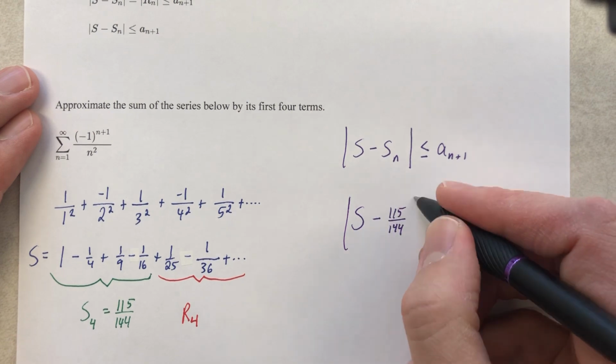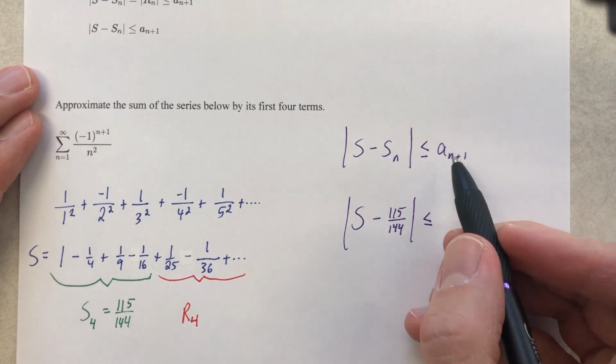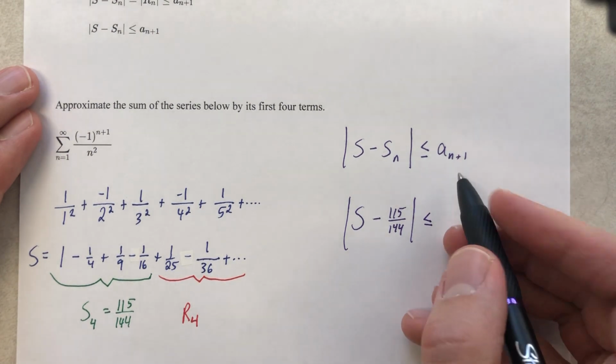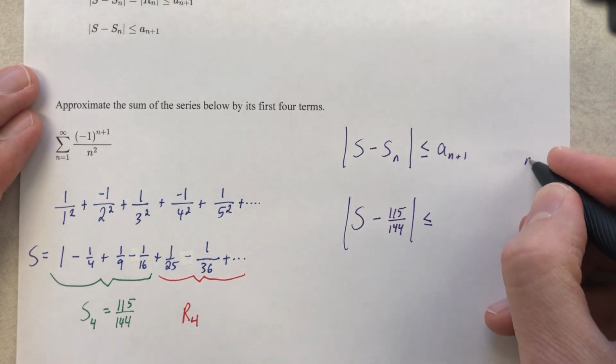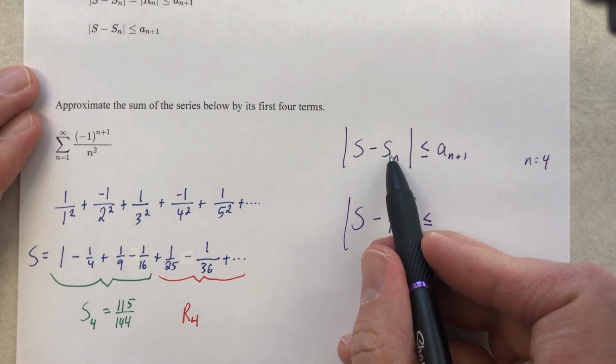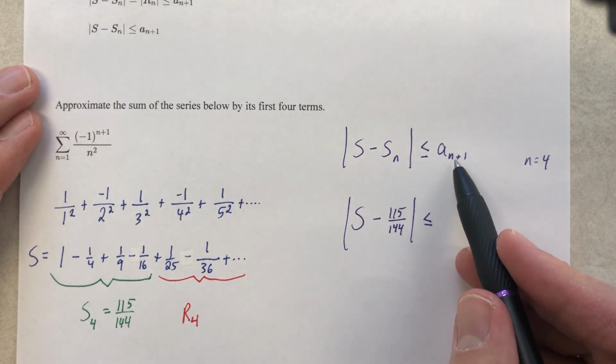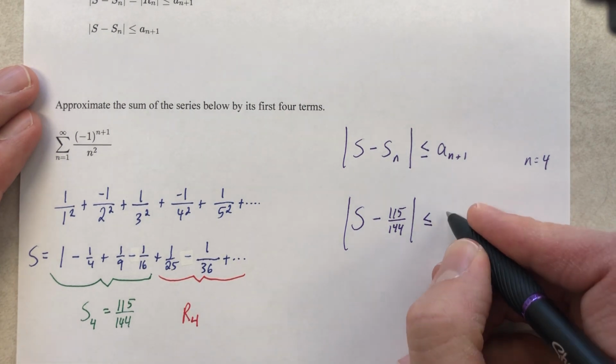And we'll absolute value this thing. It's less than or equal to the next term, 1/25. So if I'm dealing with a situation where n equals 4, there's S sub 4, found it, and then A sub 4 plus 1, well, that's 1/25, so 1 over 25.